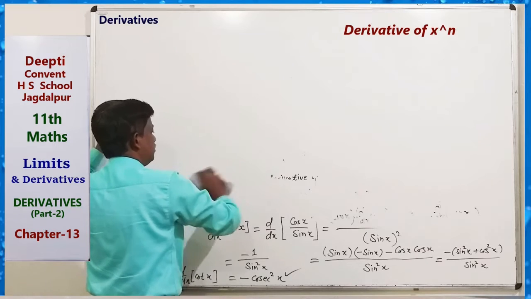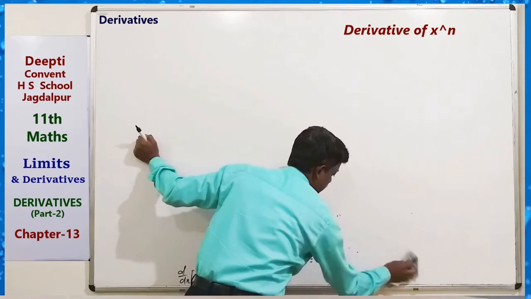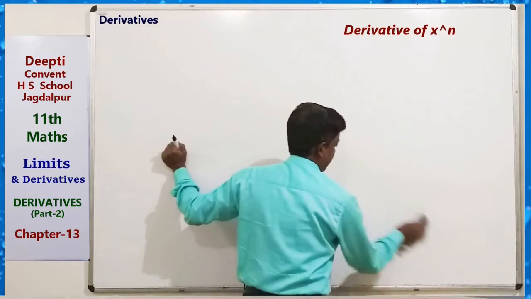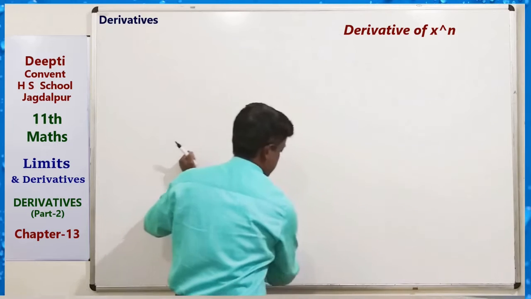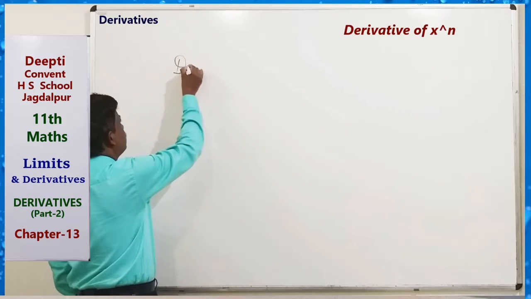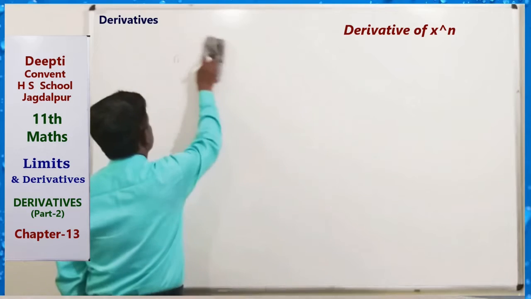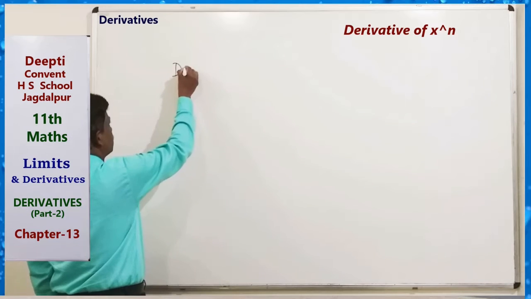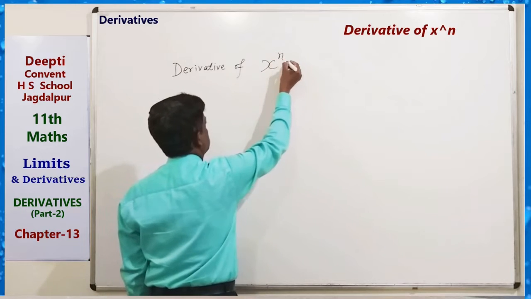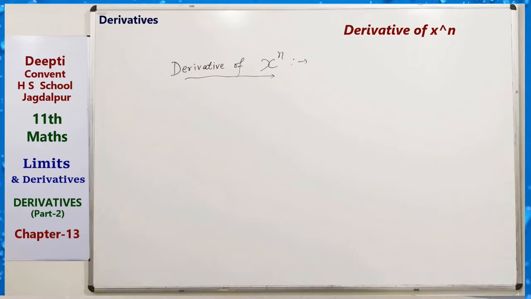This is the first formula, very useful, the basic formula for finding derivatives: the derivative of x to the power n.